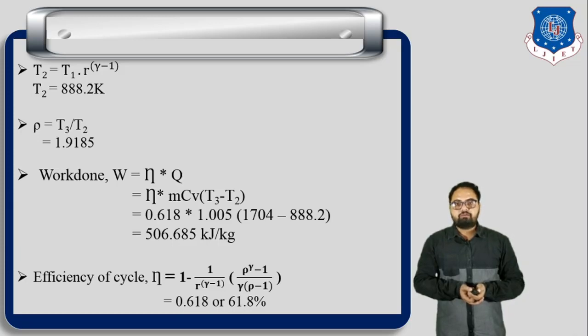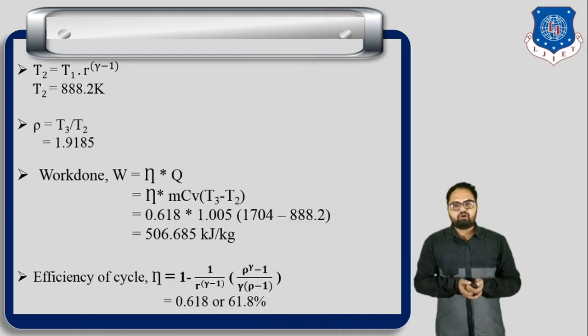So work done, we know that air standard efficiency eta is equal to net work done divided by heat supplied. So we can rewrite that equation as work done is equal to air standard efficiency multiplied by heat supplied. So air standard efficiency eta multiplied by heat supplied, that is m CV T3 minus T2.